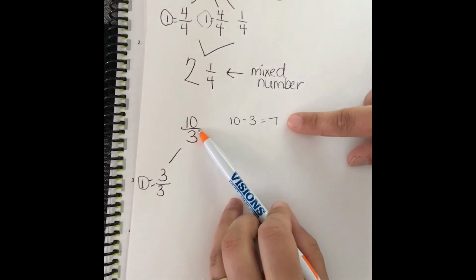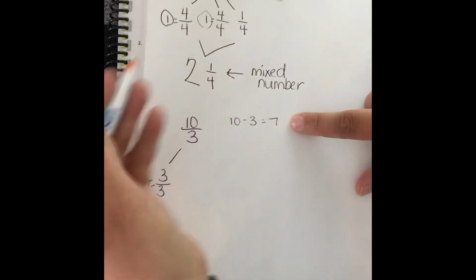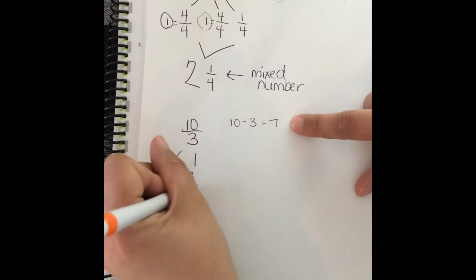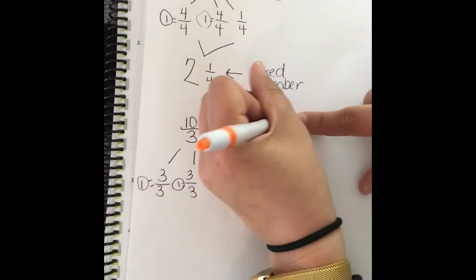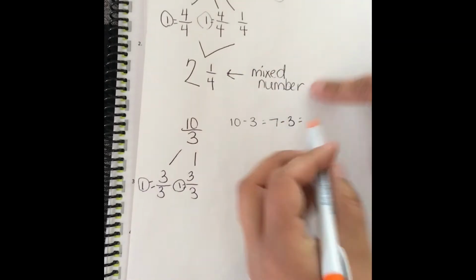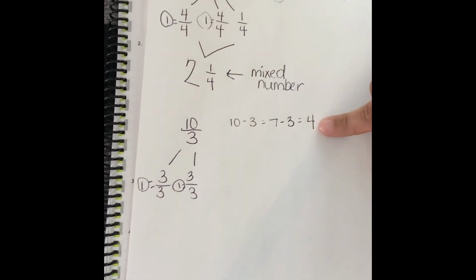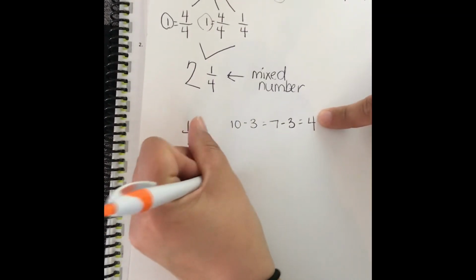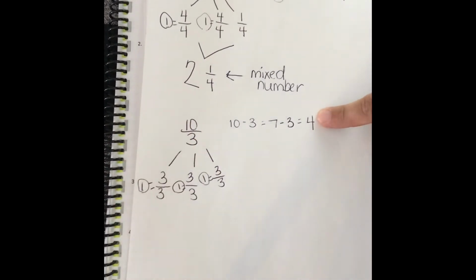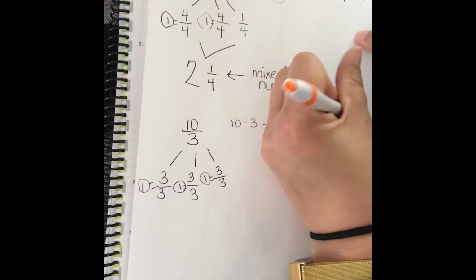I'm going to try again to take another 3 out. If I take another 3/3 out, also known as 1 whole, 7 minus 3 is 4. And I know I could take 3 out of there again, also known as 1 whole. So 4 minus 3 is 1.